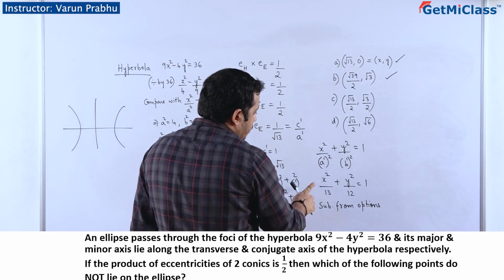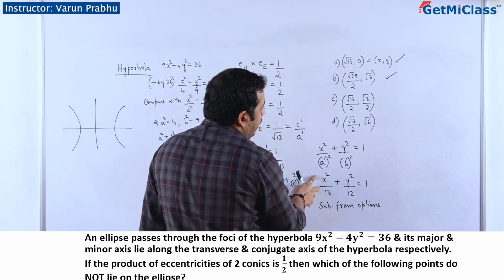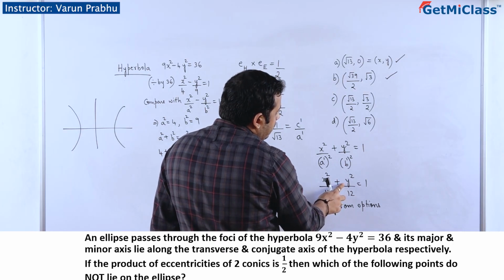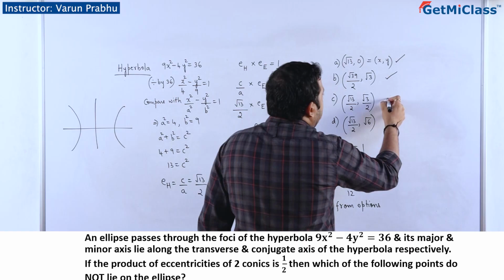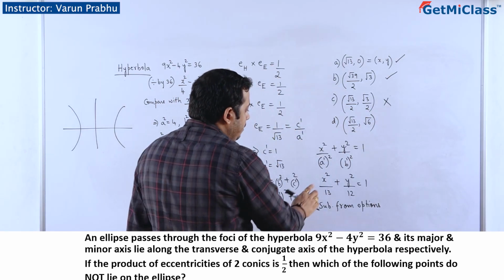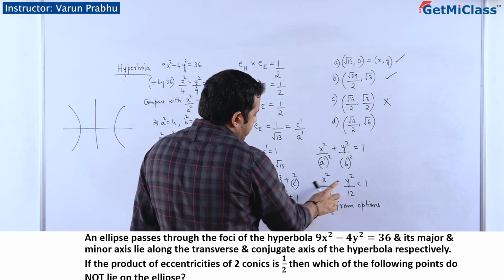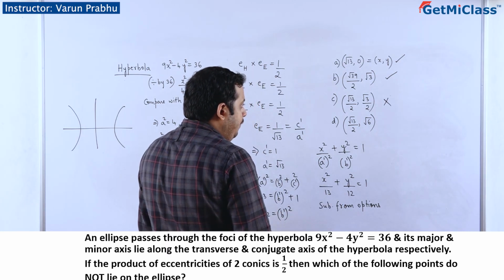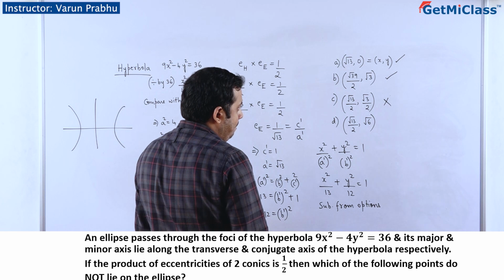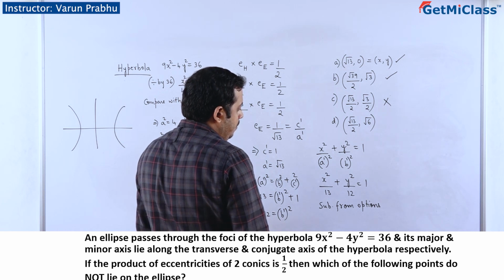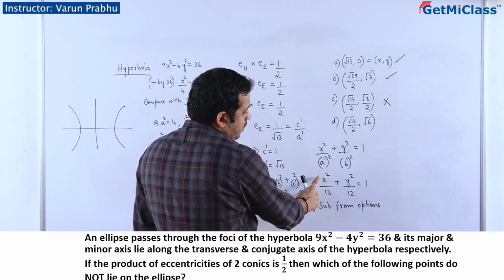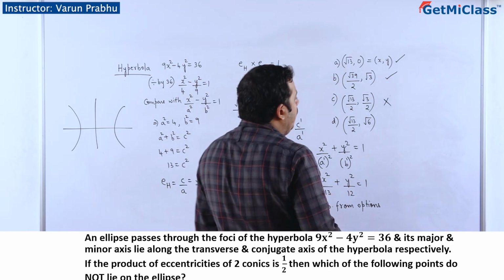So root 13, this is nothing but 13 by 4, that is 1 by 4 plus 3 by 8, so this is not lying, right? This is not lying. And 13 by 4 plus 1 by 2, that is 1 by 4 plus 1 divided by 2.